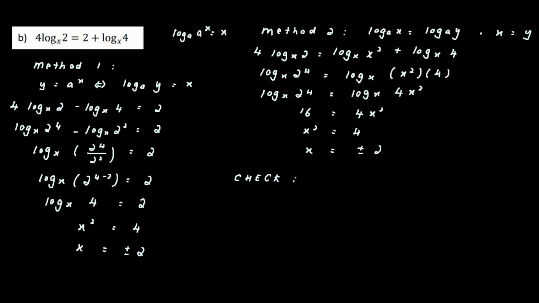So we can see that your x is going to be the base, right? We know that the base cannot be a negative number. So it's quite obvious that x equals -2 cannot be accepted.